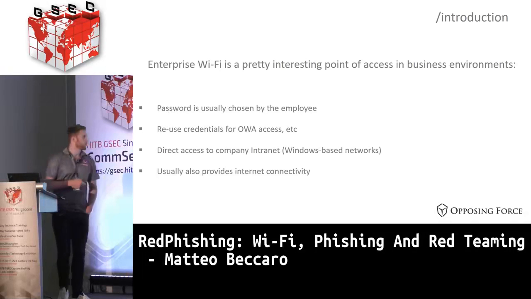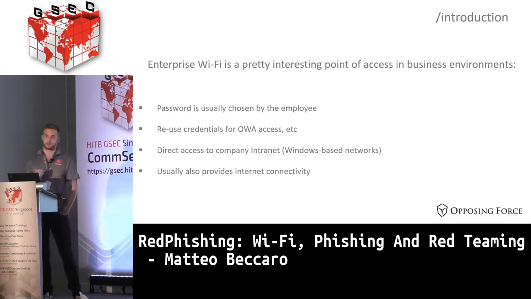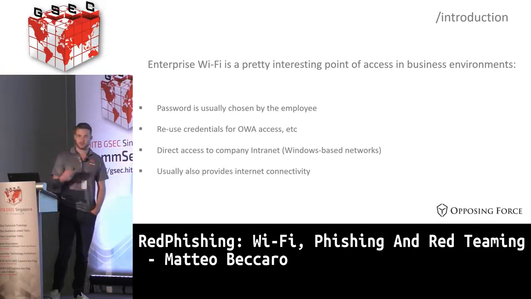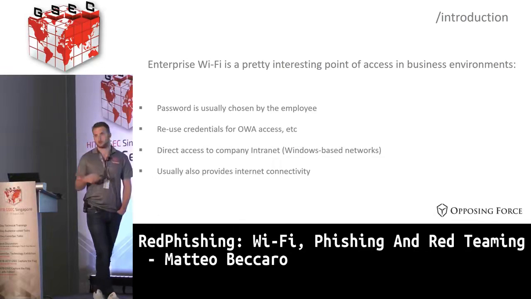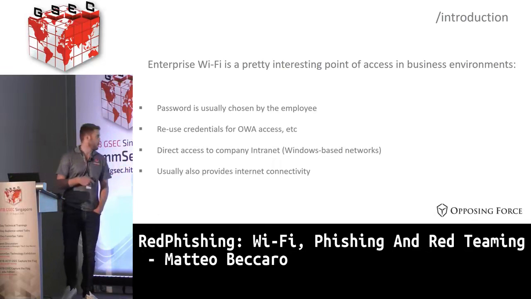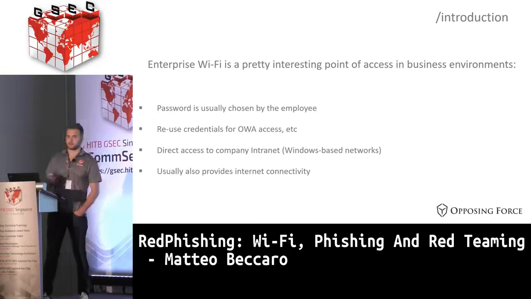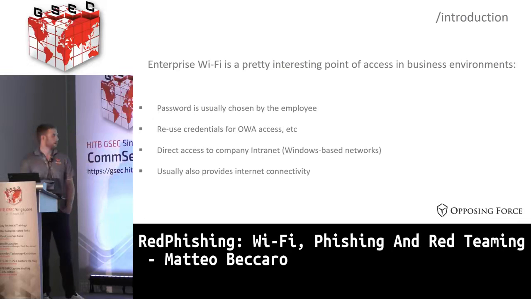We can try to reuse the credential for, for example, OWA access, email access, and whatever, because often the authentication in place is a sort of single sign-on, so we can use the same credential for everything inside the enterprise network. That also means that we can have direct access to the company intranet, and that's very useful for getting the goal that we spoke about before.